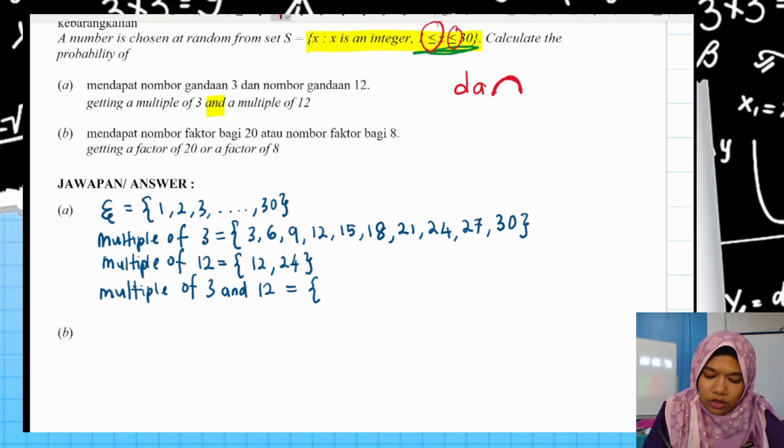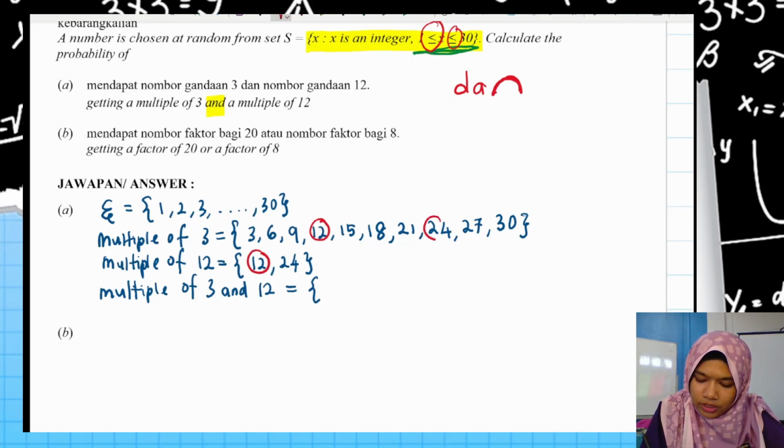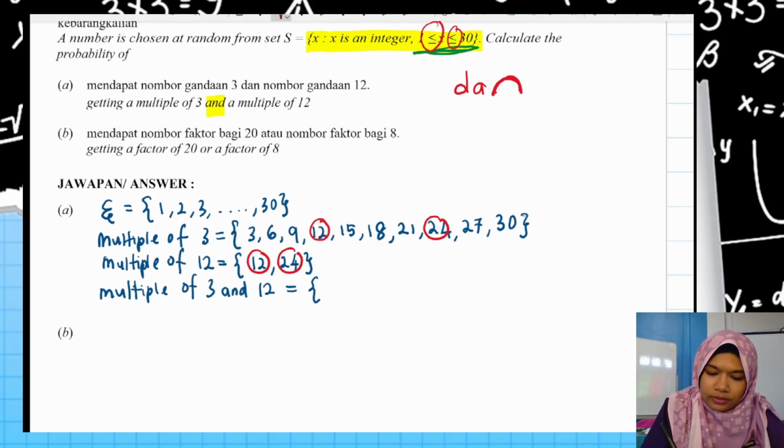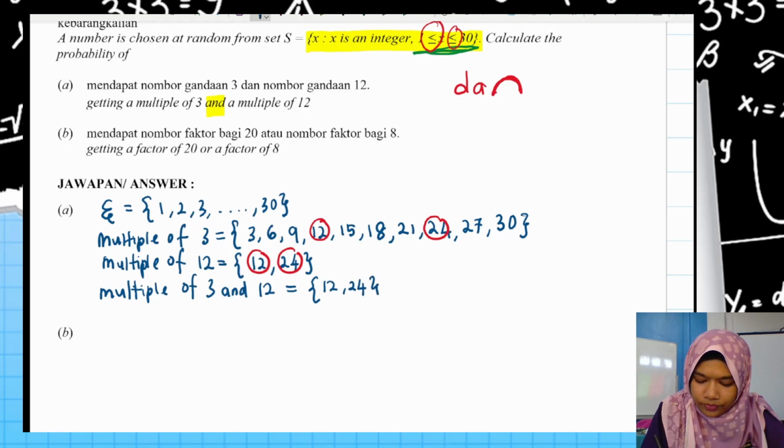Look at what the common elements are for multiples of 3 and multiples of 12. So the common elements are 12 and 24.